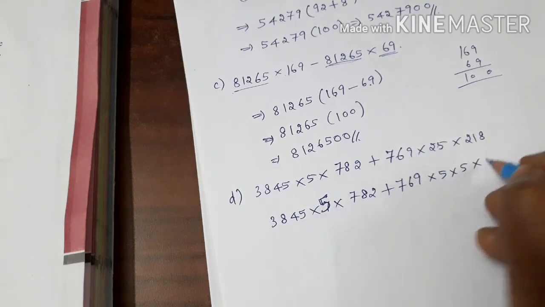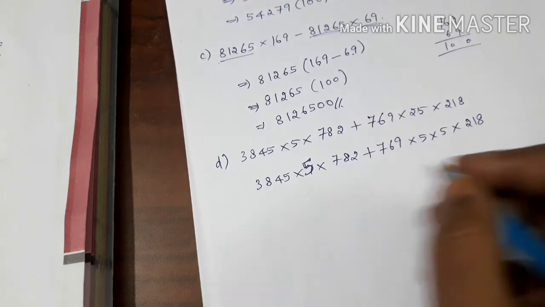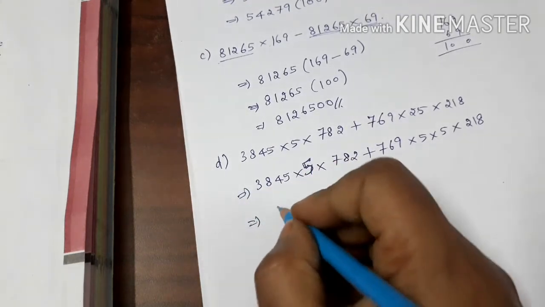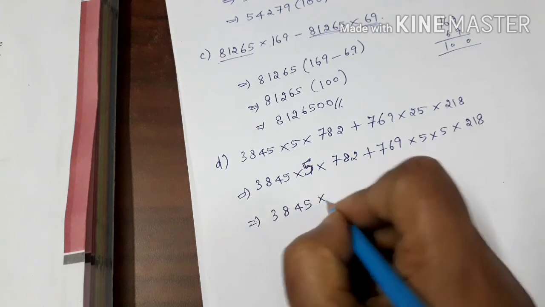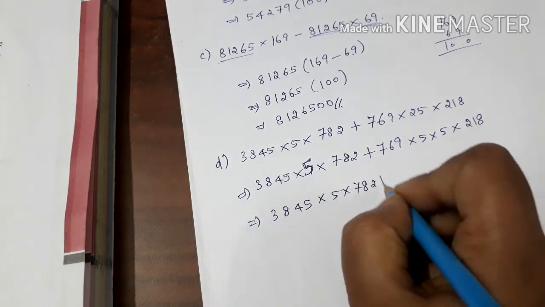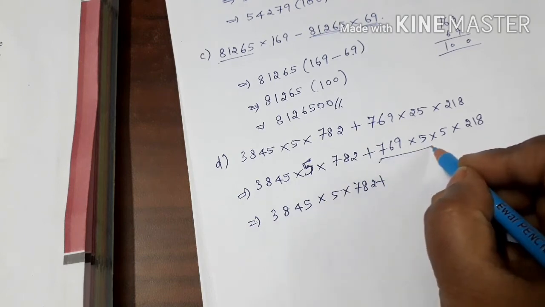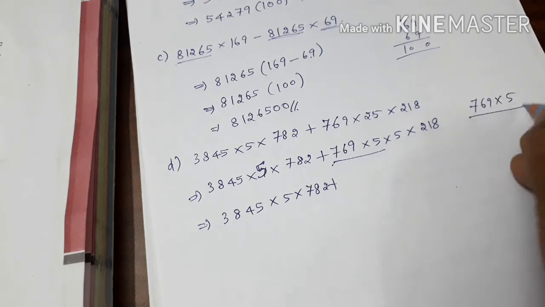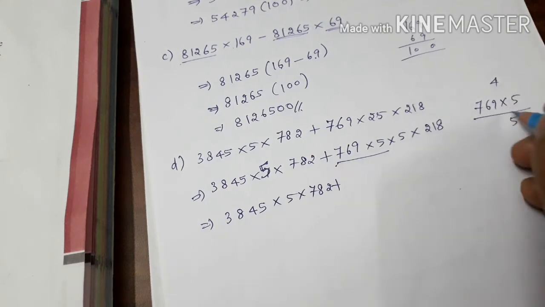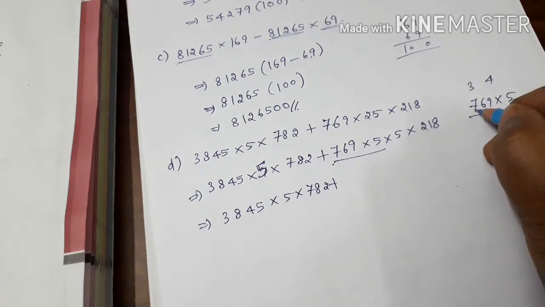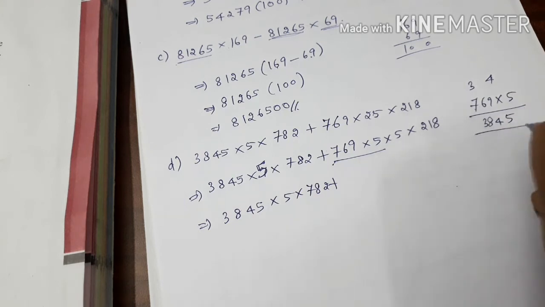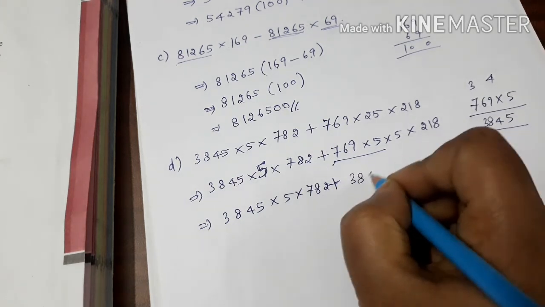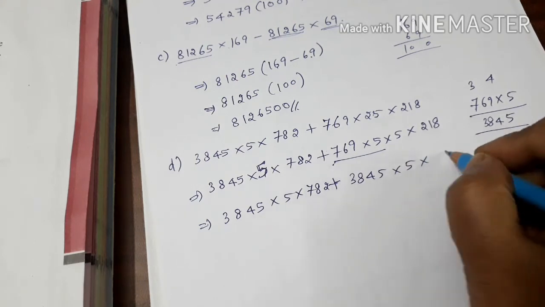So 3845 into 5 into 782, plus 769 into 5 into 5 into 218. When we multiply 769 into 5: nine fives are 45, remaining 4; 6 fives are 30, 34; 7 fives are 35, 35 plus 3, 38. So 3845 into 5 into the remaining terms, here we write 218.